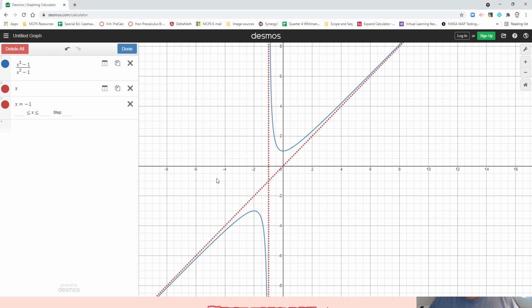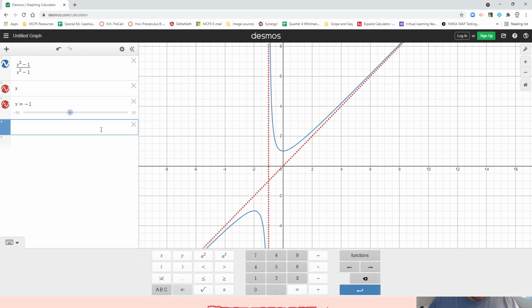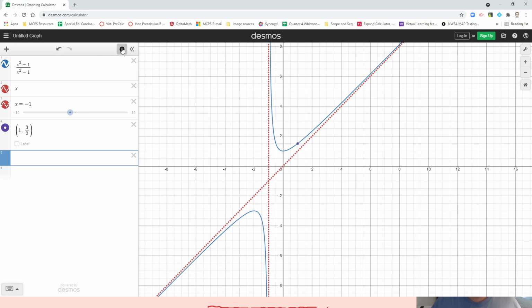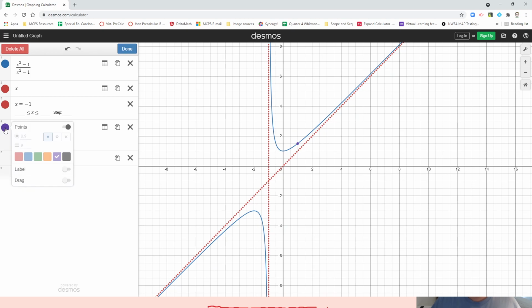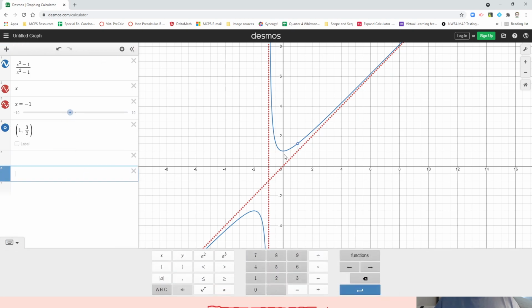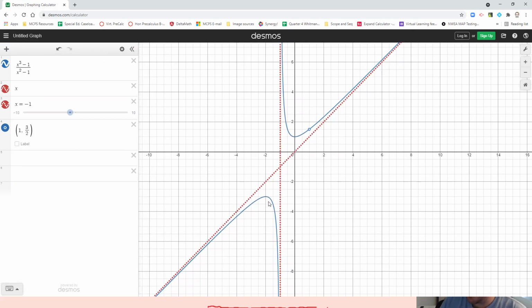Okay, so again, if you were into this, you could actually plot a point at 1 comma 3/2. And then that'll actually show you the dot. And if you are super into this, then you click the cog, click the dot here, and you can make it an empty circle. And you can make it blue too. But there you go. Now we've got an actual really good looking graph.